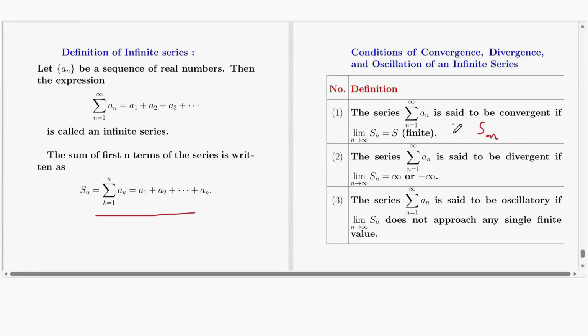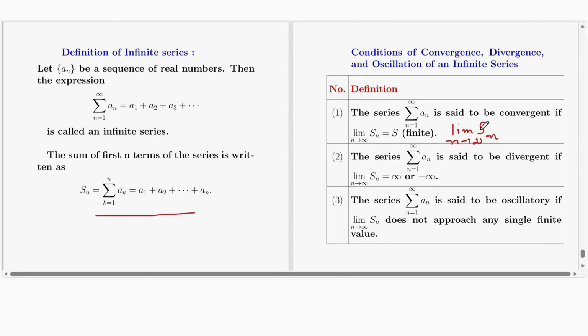Okay. Now on Sn apply limit n tends to infinity. So for very large n we get the sum. Okay. Here n tends to infinity, apply on Sn. So what we get? We get the sum for very large n. Okay. So this sum is same as the sum of the entire series.